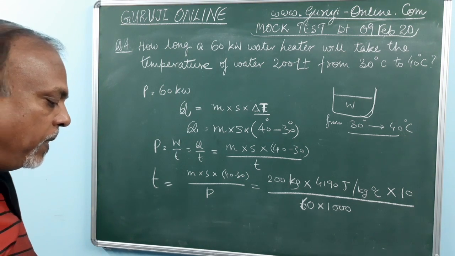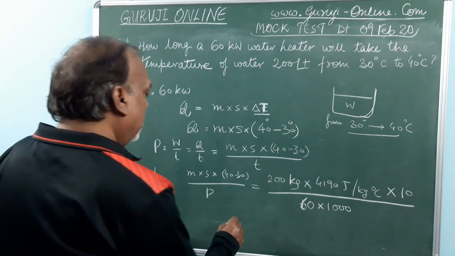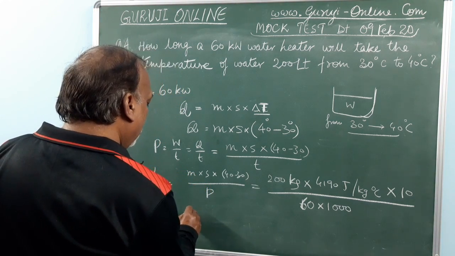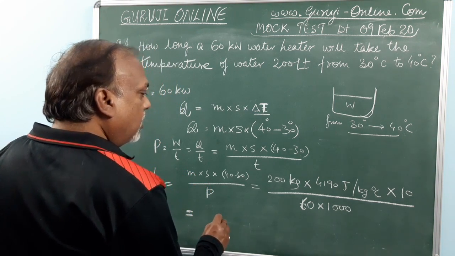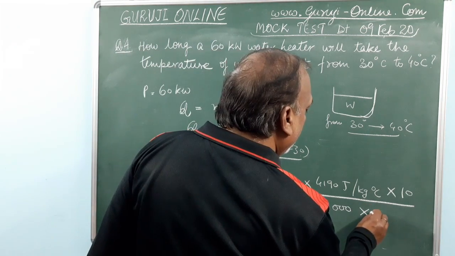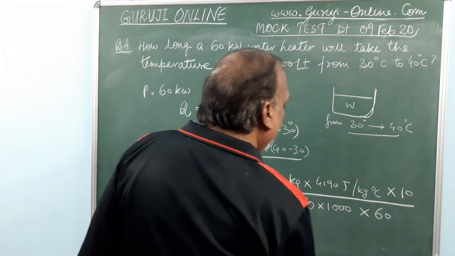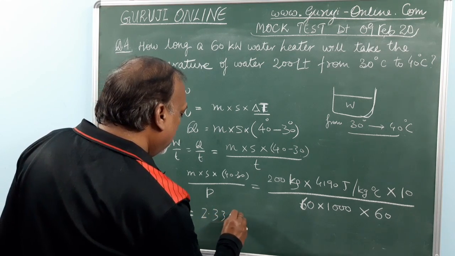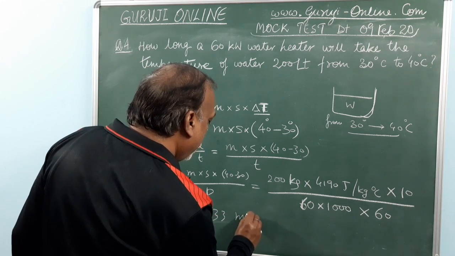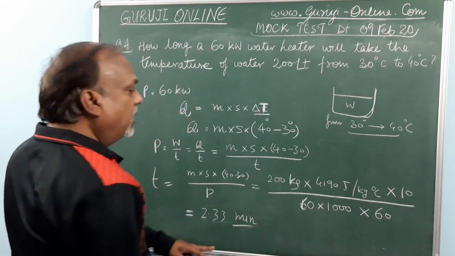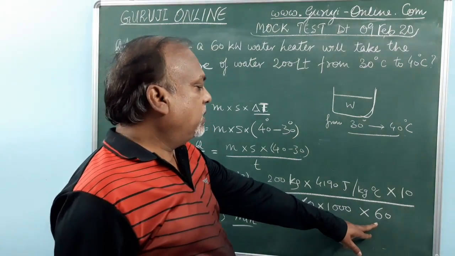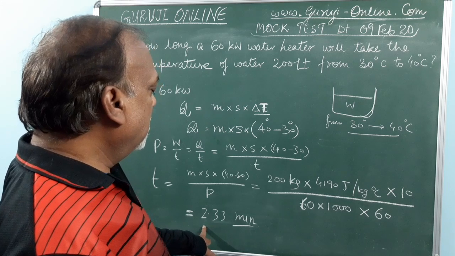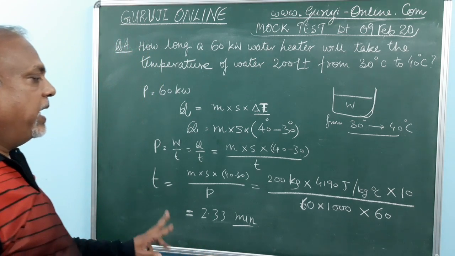So here, if you divide it by 60 more, then this answer will be 2.33. This answer will come in minutes. Otherwise, if we don't divide this by 60, then this answer will come in seconds.